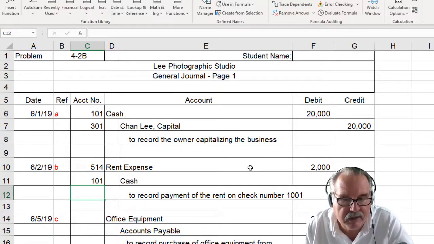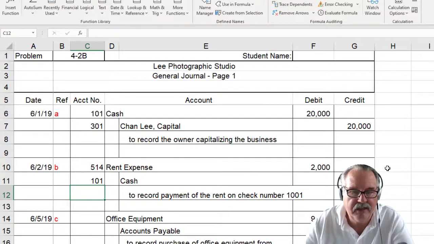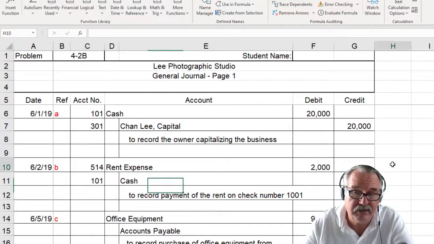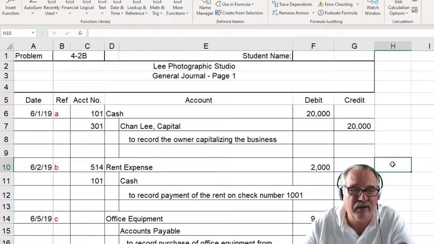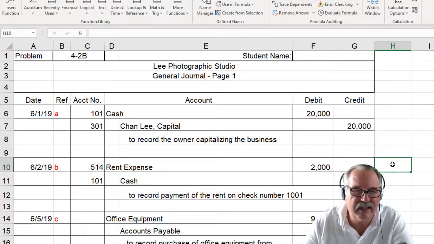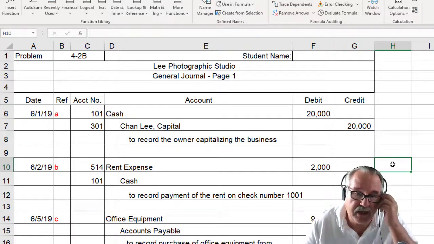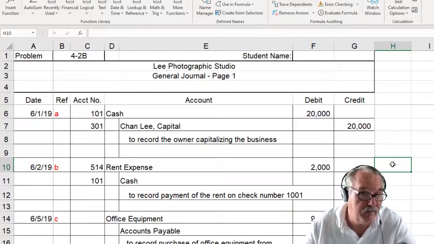Now, the general ledger is a very old school concept. The general ledger nowadays is on a computer. It's either going to be in software like QuickBooks or many other types of software that accountants use, or it could be in Excel.